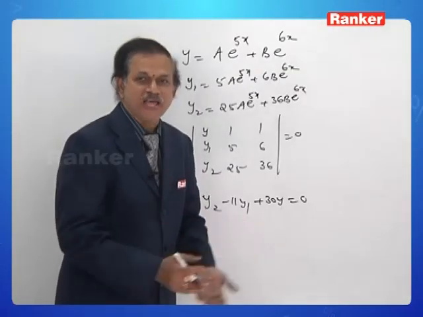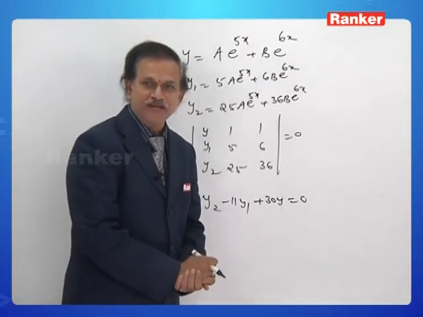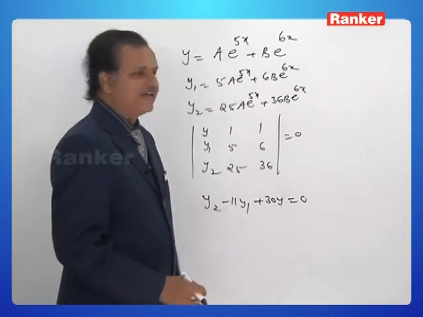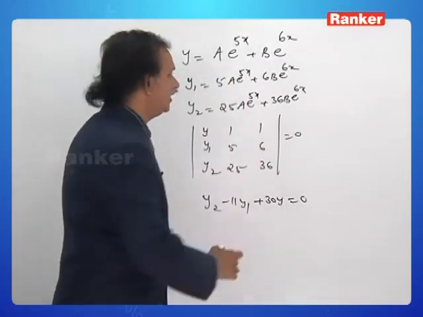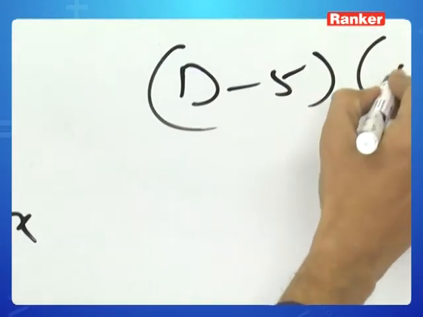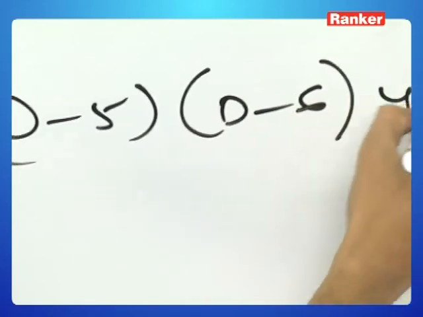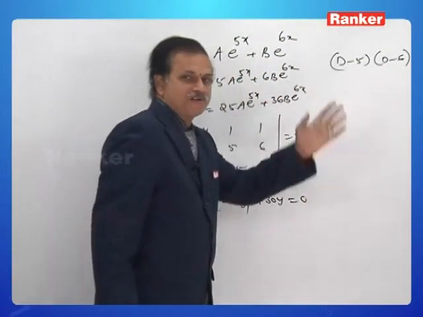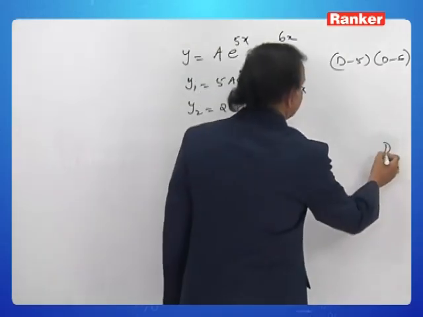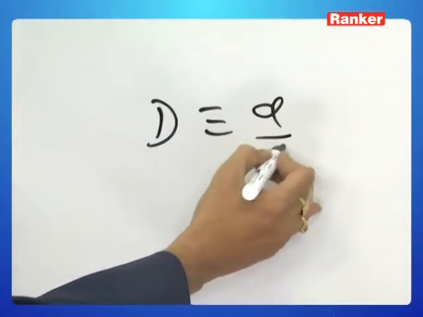What I mean to say is, my dear, you need not have all these steps. There has been a beautiful hint here. (D minus 5)(D minus 6) of y is equal to 0 is the differential equation. What does the D stand for? D is the differential operator. It is an operator.